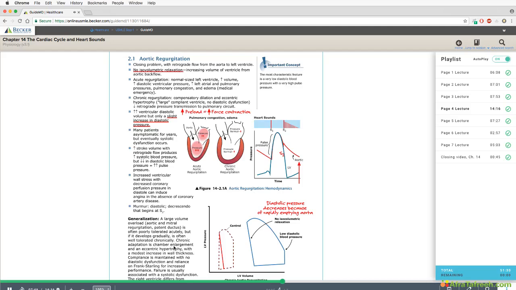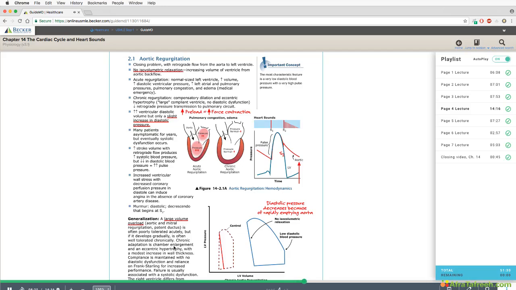Now, we also have a generalization at the bottom of the page here. The generalization is that a large volume overload on the ventricle, as occurs in aortic regurgitation and a few other states, is often poorly tolerated acutely. A large volume overload can cause acute failure, but if it develops gradually over a period of time, it is generally well tolerated chronically.